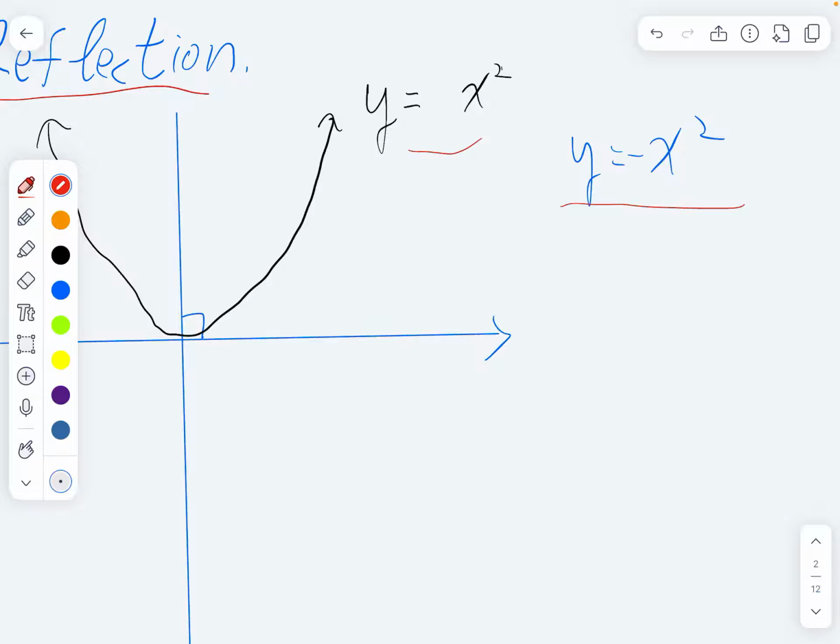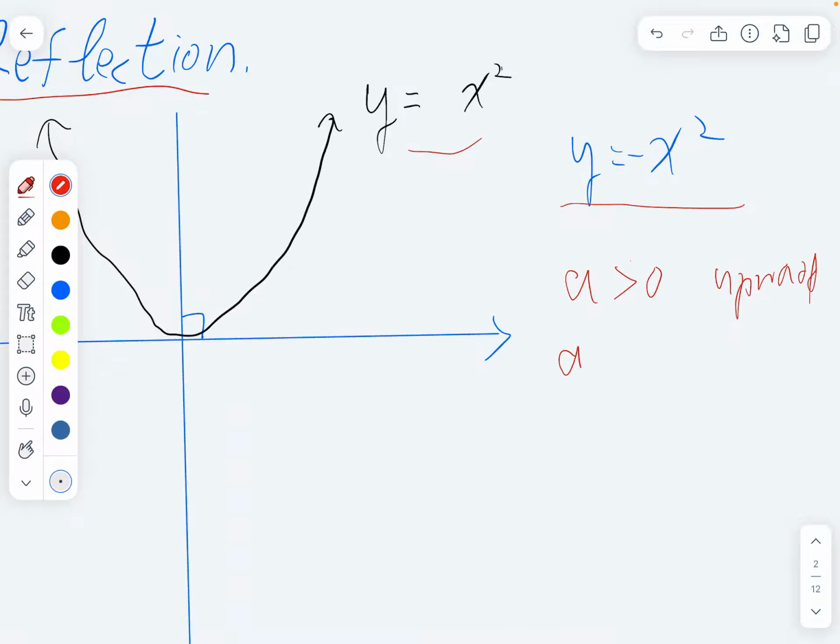So we already know that if a is greater than 0, it opens upward, and if a is smaller than 0, it opens downward.